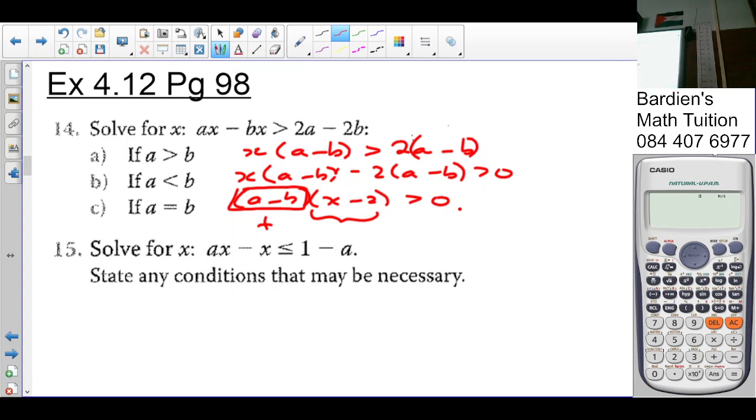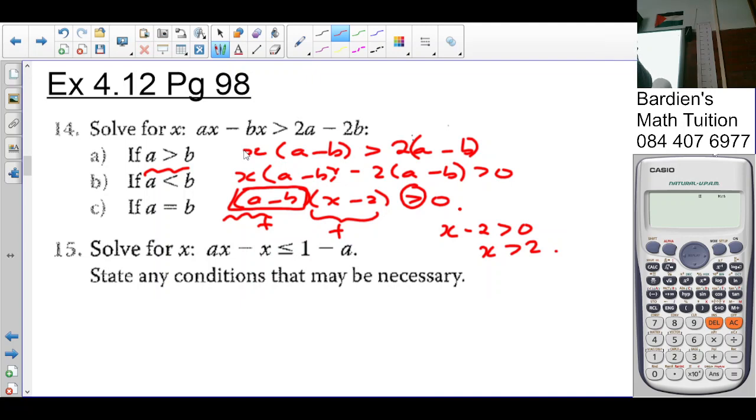A positive times a positive is positive. Why am I interested where it is positive? Because the inequality is greater than 0. So this must be positive. When is that positive? That will be positive if x minus 2 is greater than 0. So x must be greater than 2.